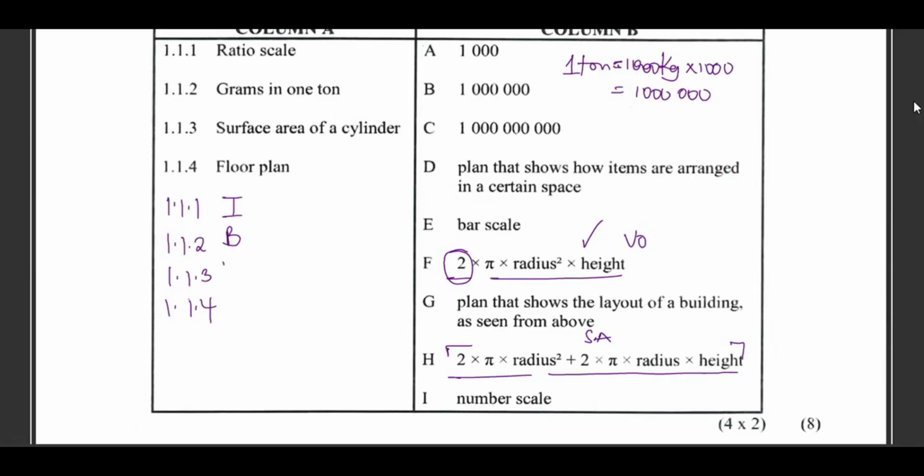So the answer here is supposed to be H. The last one, the floor plan. A plan that shows how items are arranged in a certain place. A plan. So finished. These are the possible answers that we have.